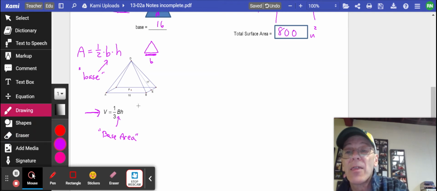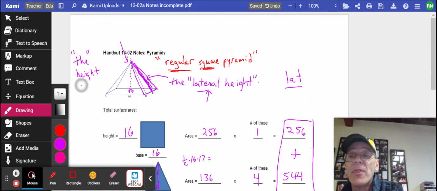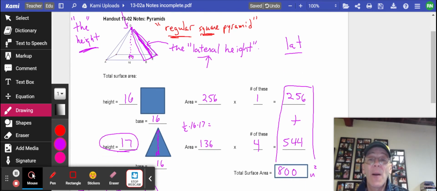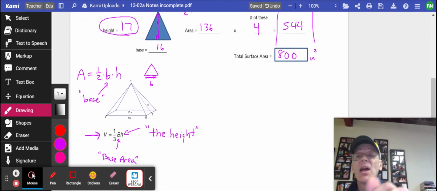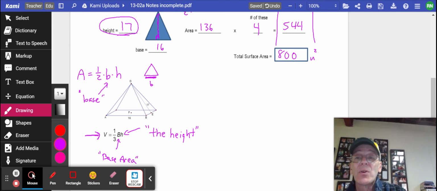And then that lowercase h stands for, you got to know this, the height. The height that I was talking about earlier up here. The height, as if it were the one and only height. The height from the top of the pyramid down to the center of the base, as if we were measuring the altitude of this pyramid.